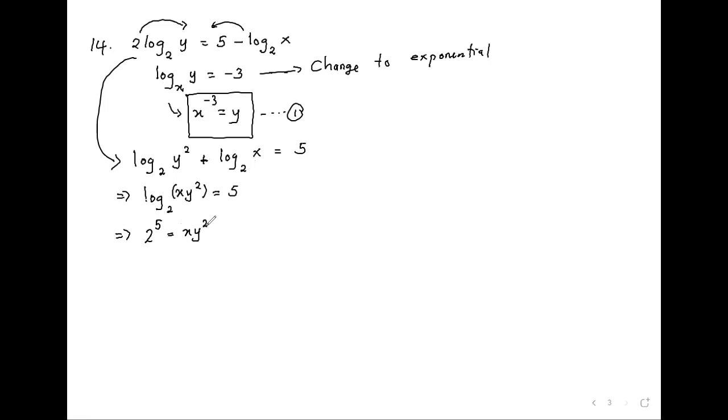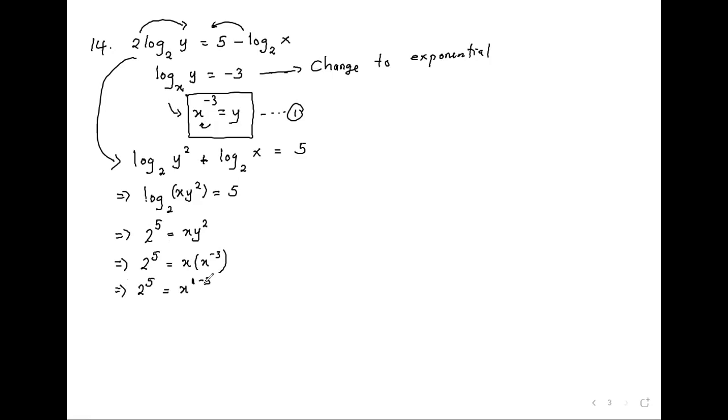Okay. What else do we know? We know that y is equal to x to the power negative 3. So where there is y, we put x to the power negative 3. So this becomes 2 to the power of 5 is equal to x times x to the power -3, because we know if the bases are equal, we add the powers.